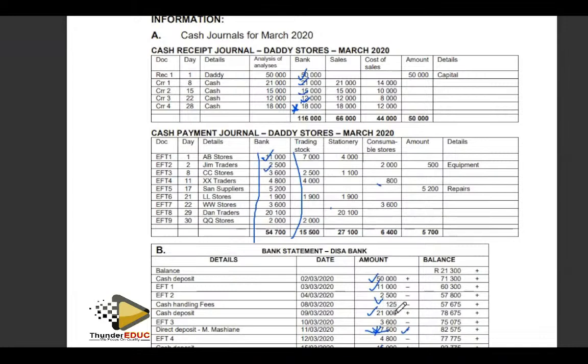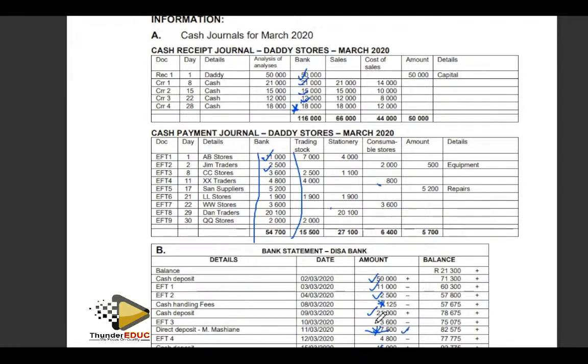Then there is a 125 here, cash handling fees. Remember, what is this amount for? The banker is not providing services for us for free, so they have to charge us. So this one, we don't see it in our cash payments journal. We have to deal with it.